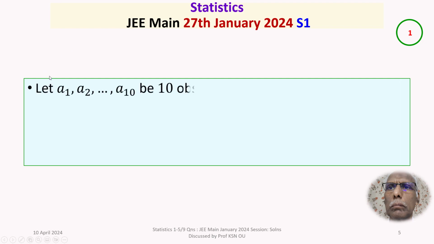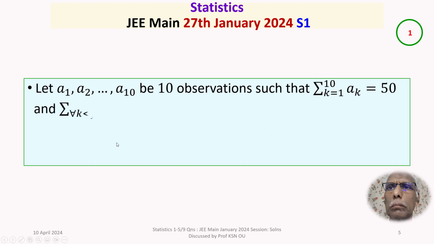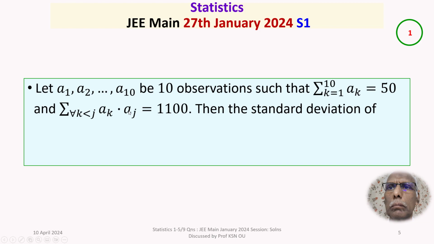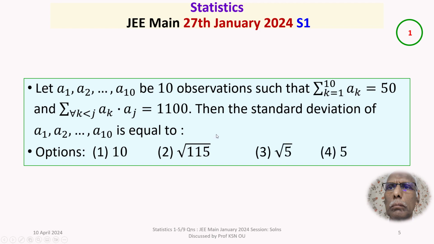The given question is: let A1, A2, ..., A10 be 10 observations such that the sum of AK, k equal to 1 to 10, is 50, and the sum of AK multiplied by AJ is equal to 1100, where the sum runs over all k less than j. Then the standard deviation of A1, A2, ..., A10 is equal to, we are given 4 options.